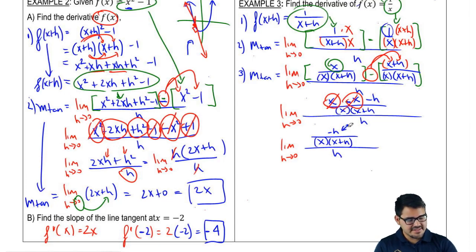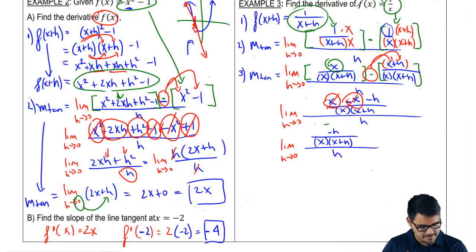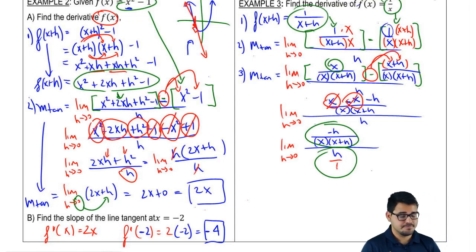But guess what? In this case, we're not even going to deal with this function like this. What we're going to do is we're going to be dividing these two fractions, right? Because we have a fraction on the top, and then we have a fraction on the bottom. And you may think, no, I don't have a fraction on the bottom. I just have an h. But how do I make this h a fraction? I'm just going to divide it by 1, right?